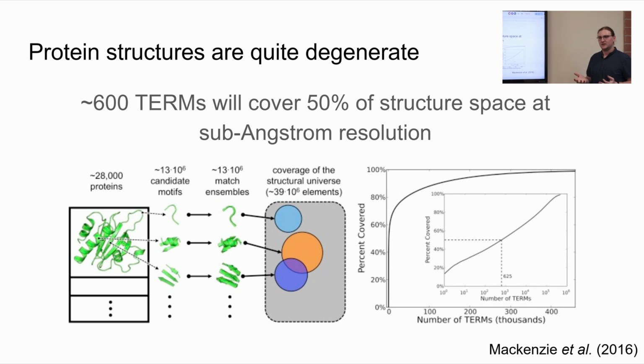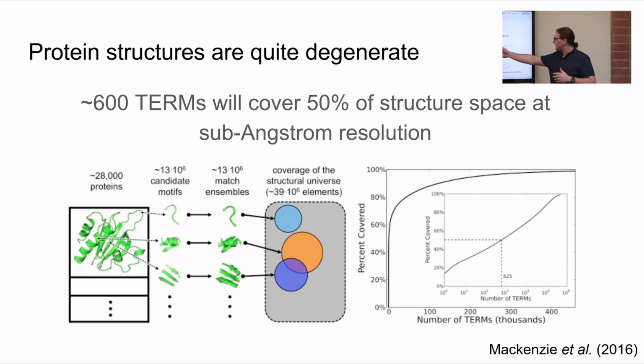So why does this work? Well, one of the things that I like to point to whenever we're curious about these protein sequence-structure relationships is that protein structures are super degenerate. What I mean by that is that there's a lot of patterns in structure space that are recapitulated by many different sequence patterns. In fact, a study in 2016 showed that around 600 TERMs, which are tertiary local structural motifs, will cover around 50% of the structural space at a sub-angstrom level.